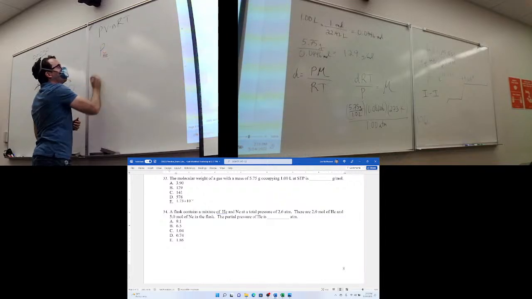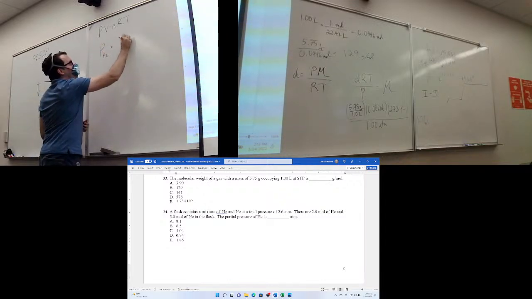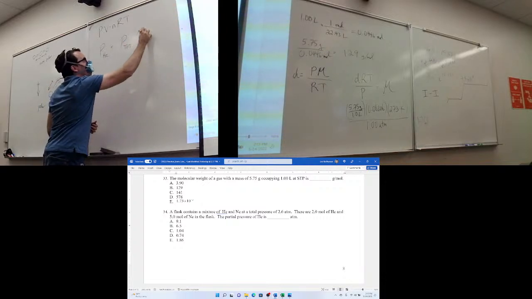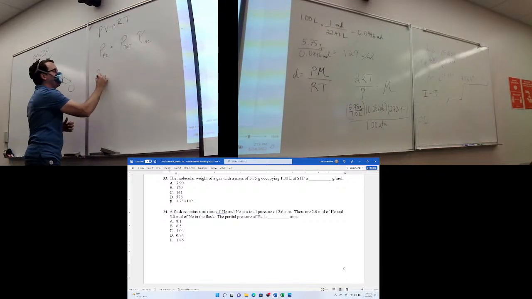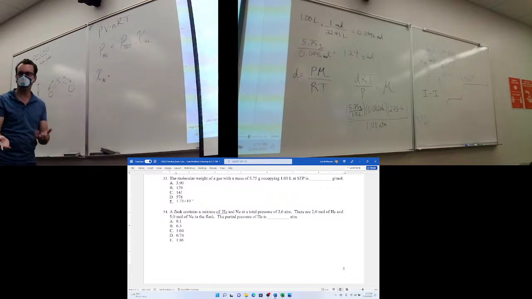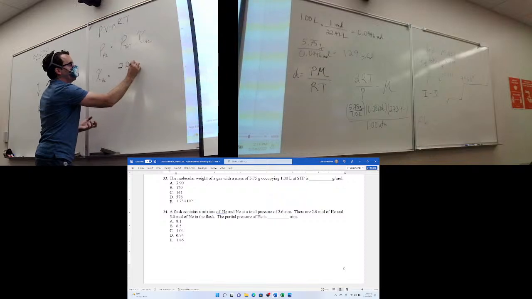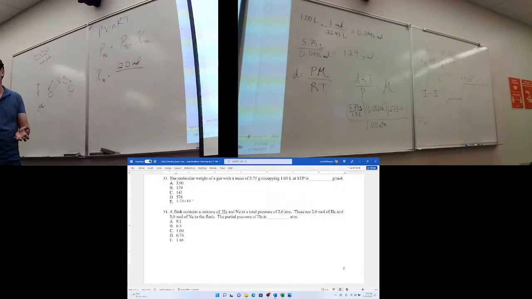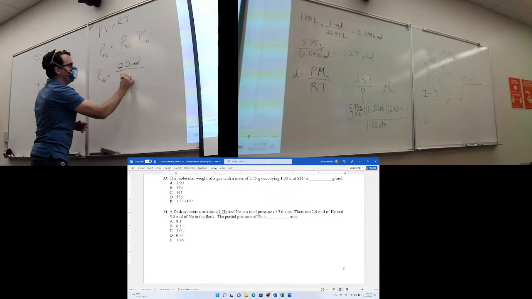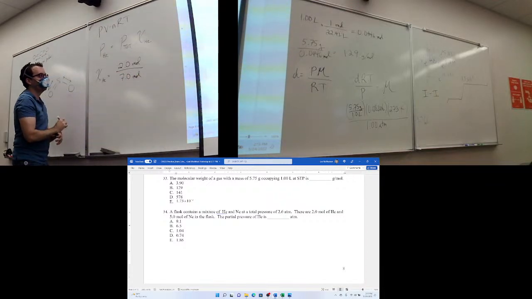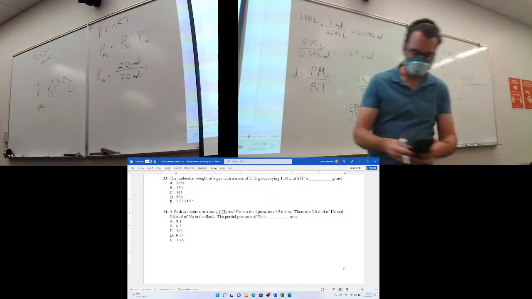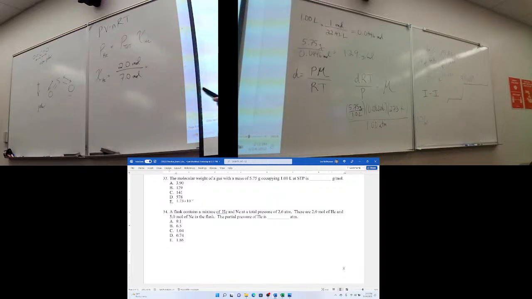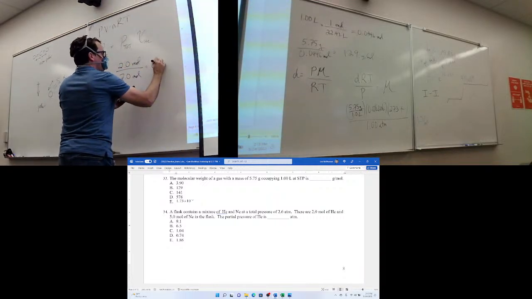The partial pressure of helium is going to be the total pressure times the mole fraction of helium. So how do we get mole fraction of helium? Mole fraction of helium is the number of moles of helium, 2 moles, divided by the total number of moles. So 2 and 5 is 7. And that's a weird fraction. 2 divided by 7 is 0.285 or 0.286.